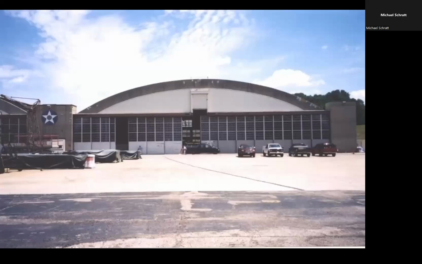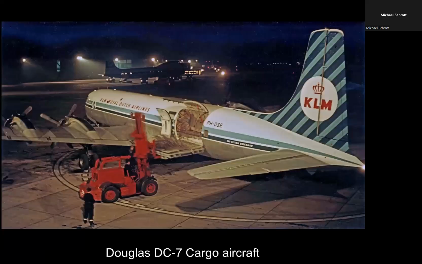So let's open up the hangar door. Let's go inside. And what did this warrant officer see here? I've included this as well. This is a DC-7. On the aft section of the port side of the aircraft, which is the left side here, there's this massive cargo bay door that opened up, and there was basically a heavy duty forklift.